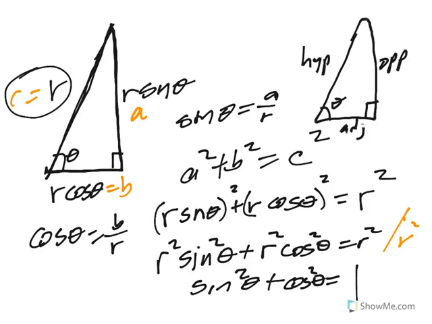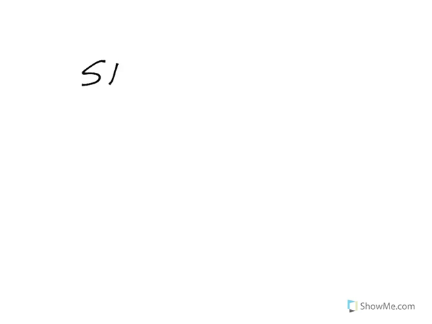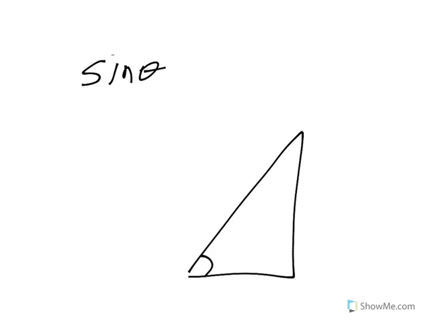So where we said that sine theta is A over R, now we can say it's the opposite over the hypotenuse. So sine of theta is the opposite over the hypotenuse. Let me write that down. Sine of theta, and I'm in some right triangle. Here's the hypotenuse.